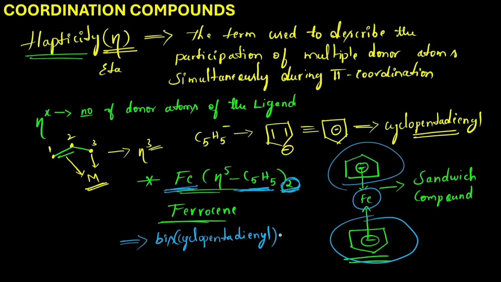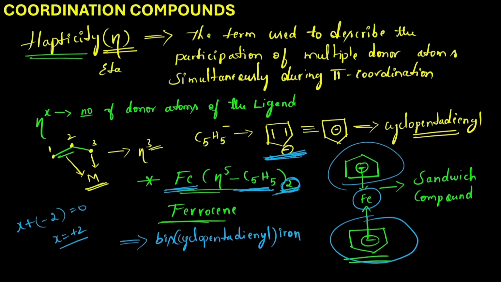What is the name of the metal? Iron. What is the oxidation state of metal here? We know that each cyclopentadienyl anion will be having negative charge. Here we have 2 cyclopentadienyl, therefore -2 should be equal to 0, therefore x is equal to +2.